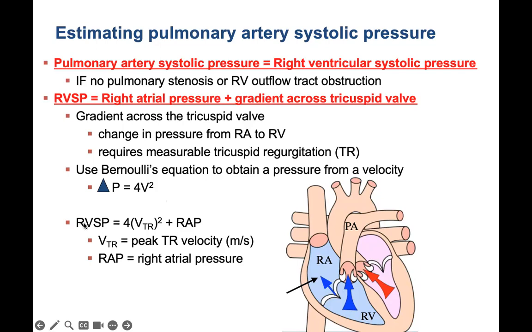So our RVSP is going to be equal to 4 times the velocity of the tricuspid regurgitation squared plus the right atrial pressure. And so again, we're going to get that peak tricuspid regurgitant velocity, and then the right atrial pressure, which we just talked about how to get, or CVP, based on the IVC.